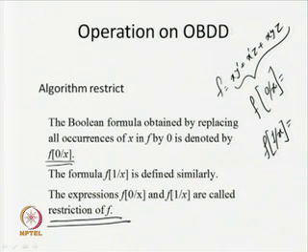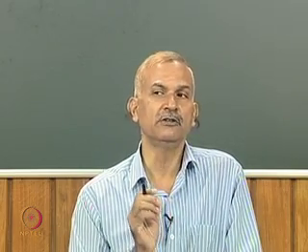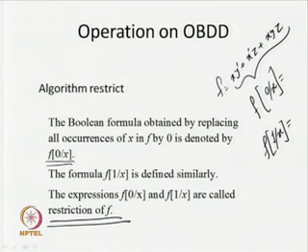I have a function which depends on several variables, but I am saying to restrict that function for one particular variable to be 0, or restrict that function for a particular variable to be 1 only. So, this is the restriction of this function f, where x is replaced by 0.